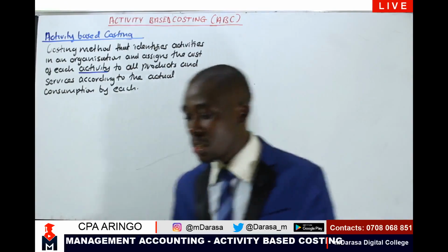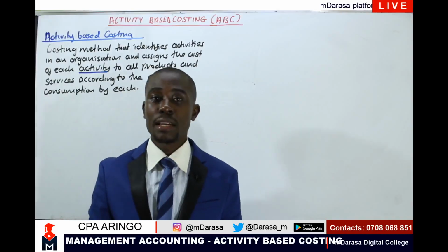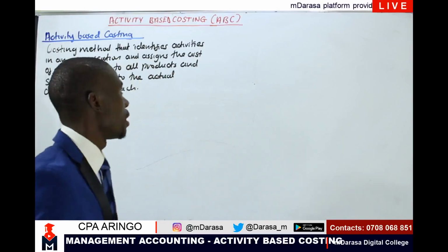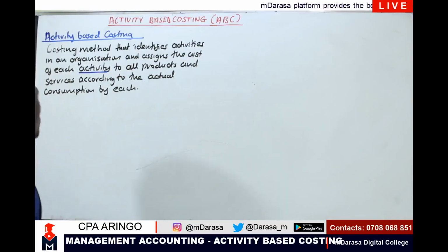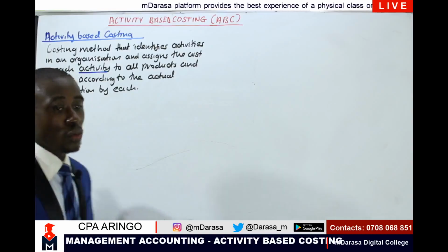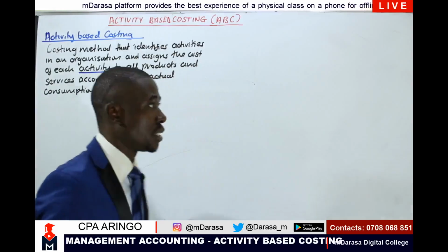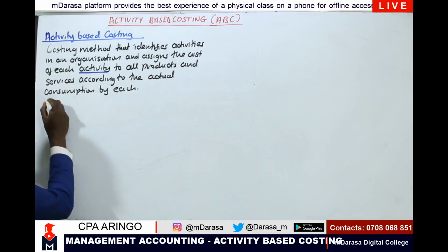So after we've understood the concept of ABC costing, there are some key elements that we should always be able to identify whenever I'm dealing with activity-based costing. At this point, we've talked of identifying the activity and what will be the basis of identifying this activity. The basis of identifying this activity, we are going to term as cost drivers.